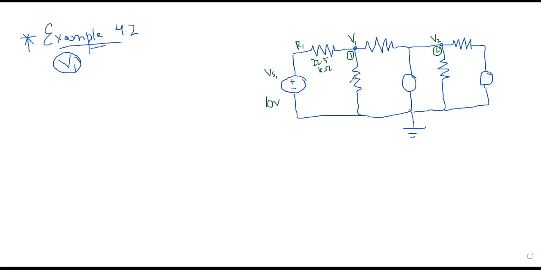R2 is 40 kilo ohm, and this is my R3. R3 is also 40 kilo ohm. This is my current source of 1 milliampere.